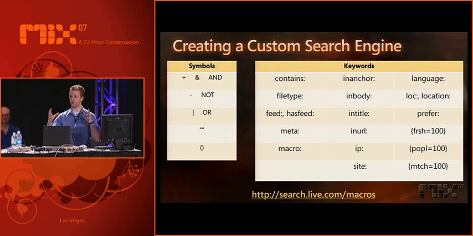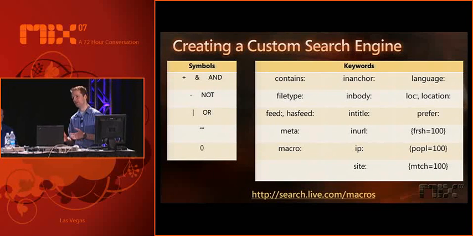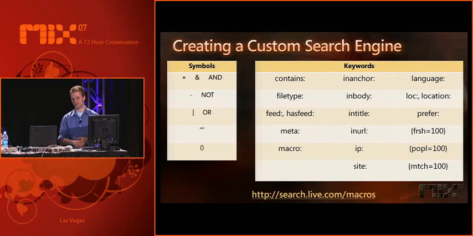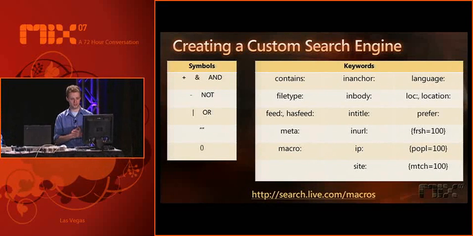Site will scope a search just to one domain. It can be a domain or subdomain, but it's at the domain level. Language will scope to a specific language. Location will scope to a specific region. Prefer will emphasize one keyword over all the other keywords.